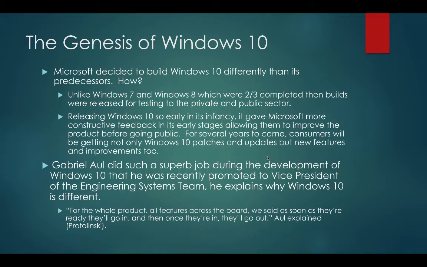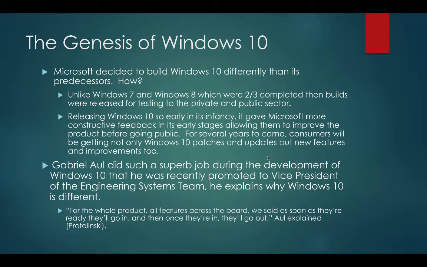Microsoft decided to build Windows 10 differently than its previous operating systems. Windows 7 and Windows 8 were pretty much 2/3 of the way completed and ready for distribution to the public before it was released to private and public developers for improvements or feedback.